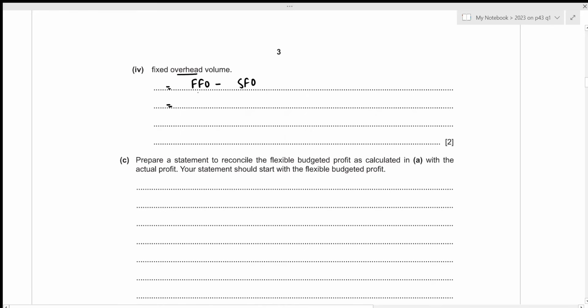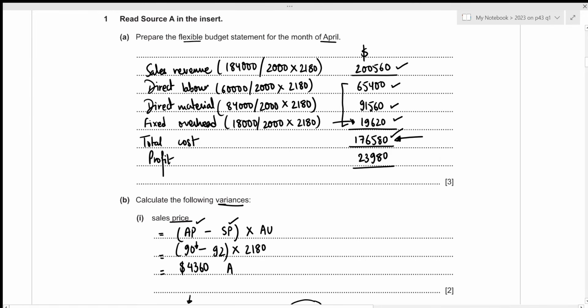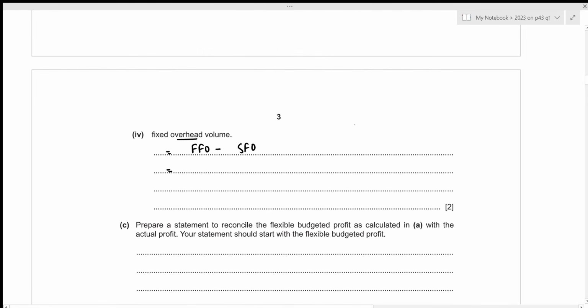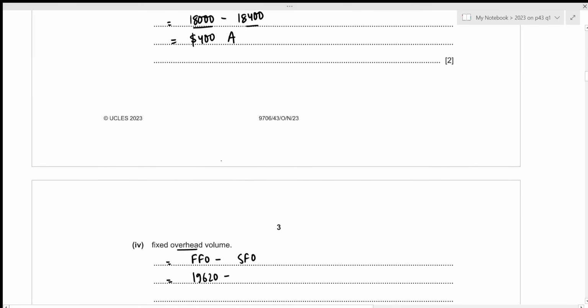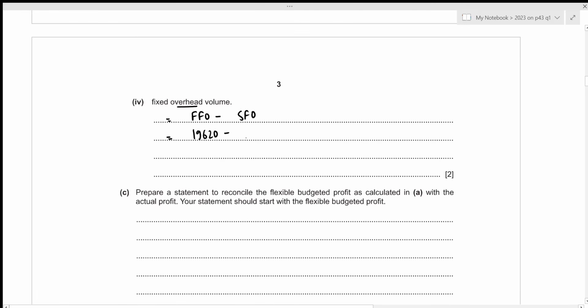And for the flexible fixed overhead, we can just refer to the value from our flexible statement right here. That's 19,620. So 19,620, and for our standard value, it was 18,000. This results in the positive value of 1,620, which means that this will be our favorable variance.